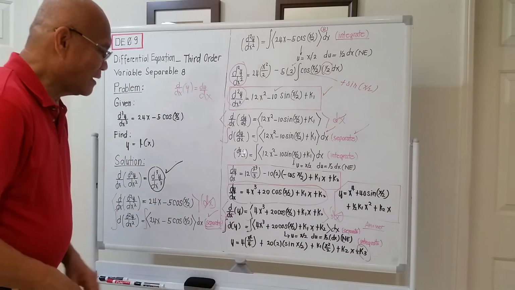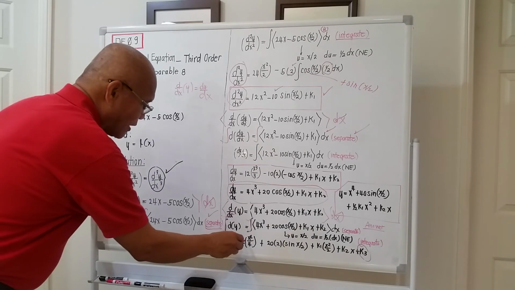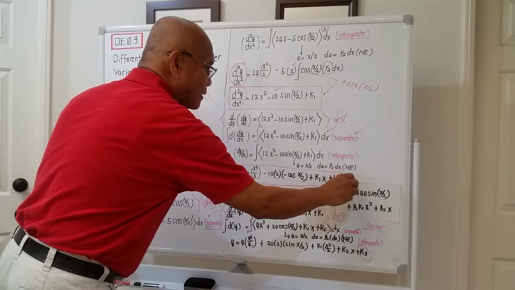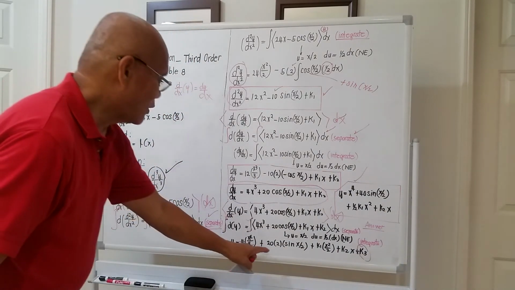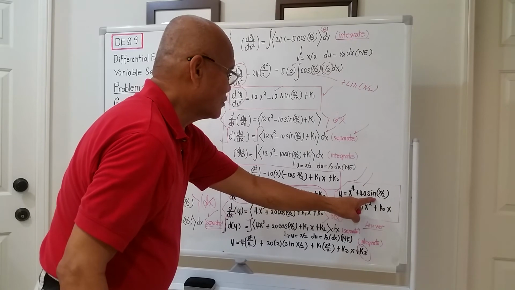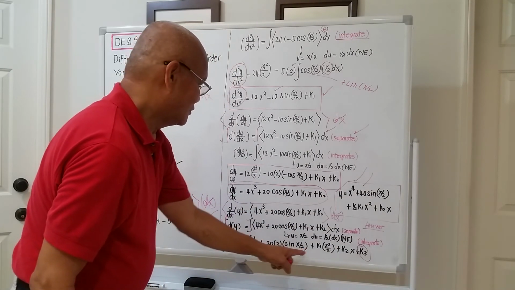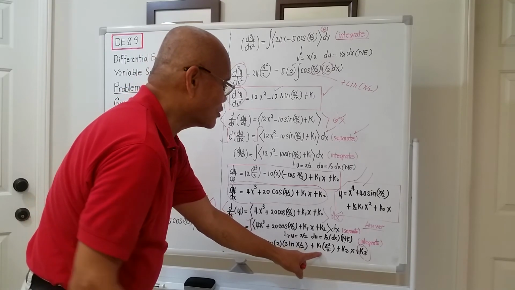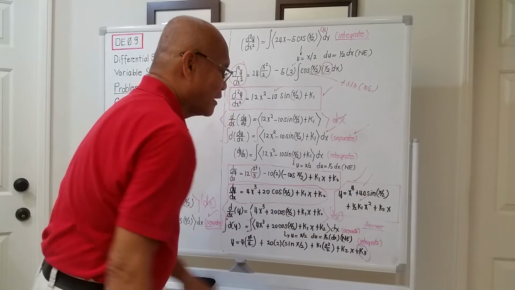So simplifying the answer now, this 4 cancels. So y now will be x to the 4th, right? 20 times 2 is 40 sine of x over 2. What's next? 1 half k1 x squared. Okay?